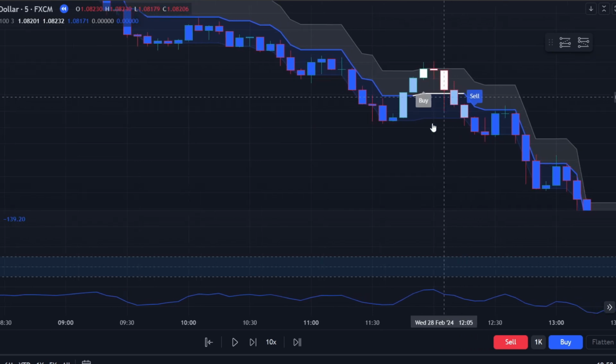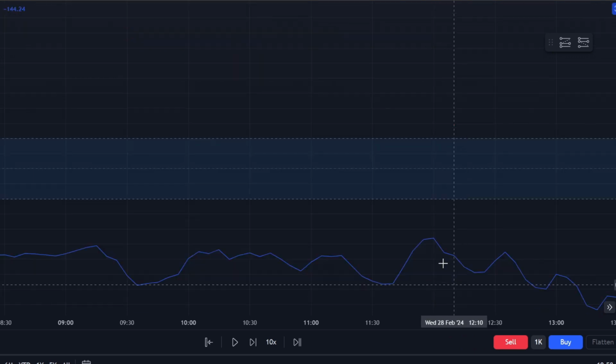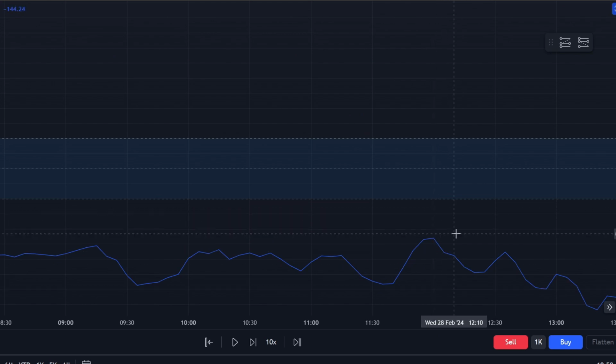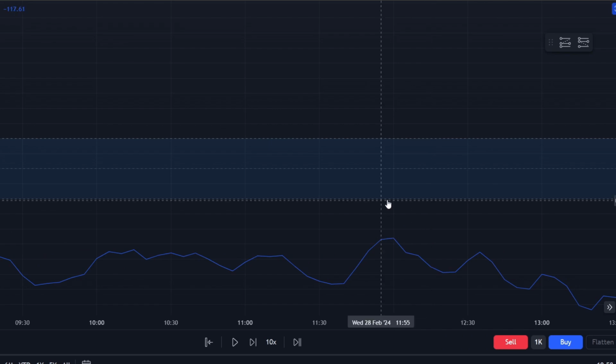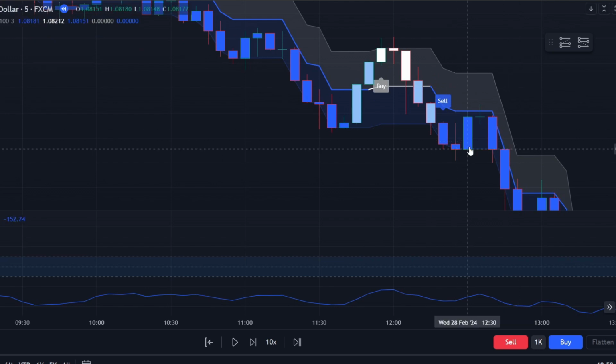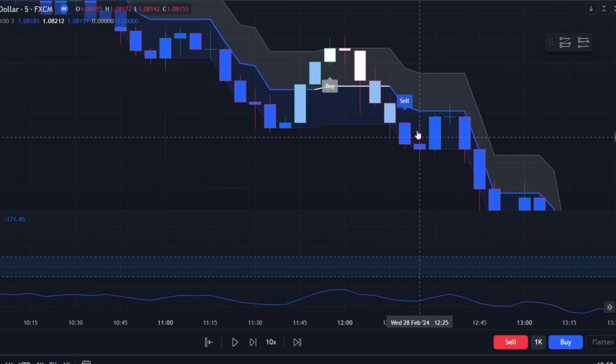As you see here, the first indicator gives both buy and sell signals, and the second indicator just gives a sell confirmation signal, because this line continues below this -50 line, so we are just looking for sell signals. Here we pay attention to just the sell signal.